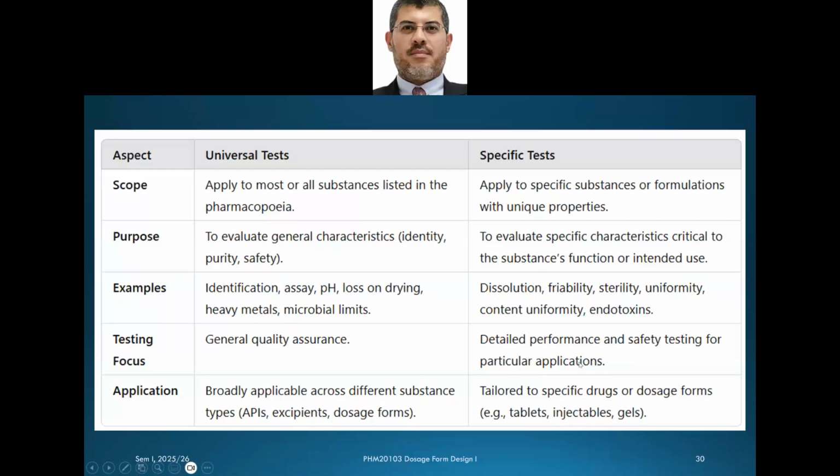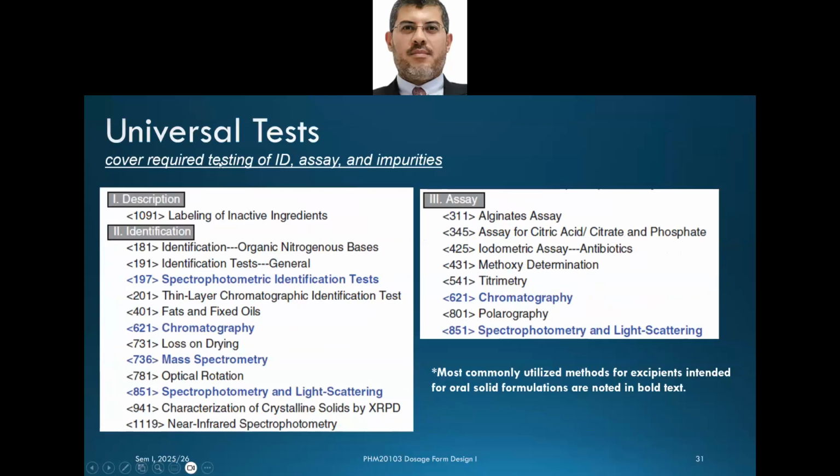All these characteristics usually have impact on the final characteristics of the dosage form. For example, physical properties of particulate solids, meaning solids that are in the form of particles.